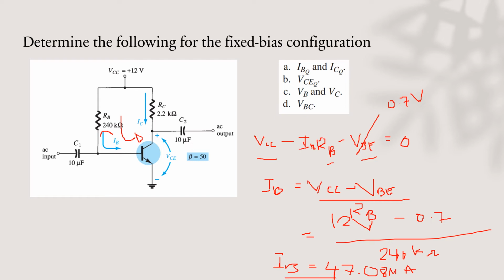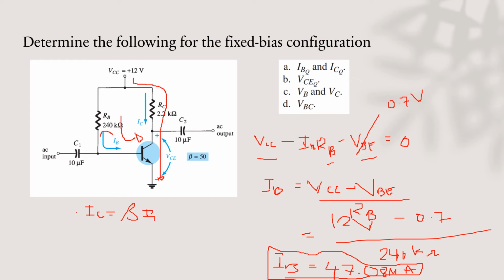So we already have the value of the IB. Now we proceed in solving ICQ. This will be the current going down to the emitter. We can get IC by using the formula stated earlier: IC equals beta IB.